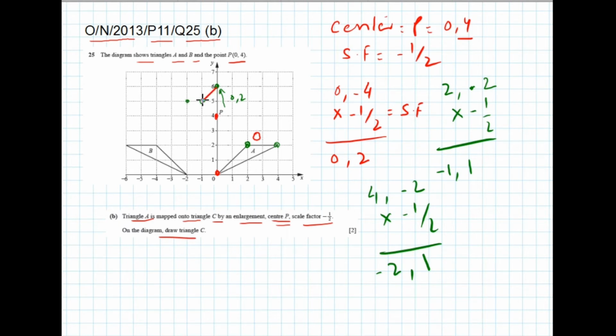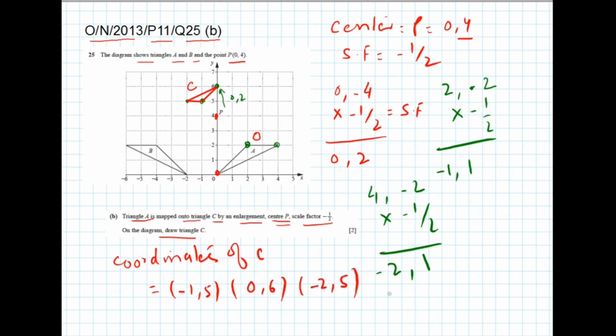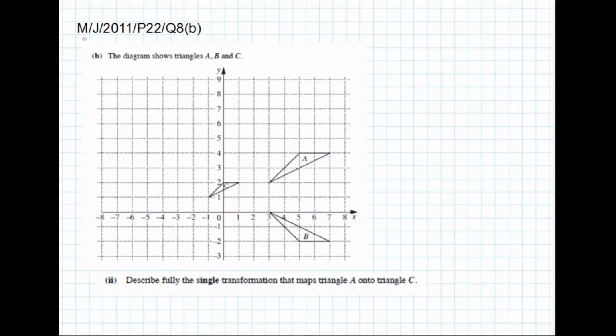Now joining the 3 points we get the triangle C as shown. Therefore, the coordinates of C from origin are -1, 5, 0, 6 and -2, 5. This is our answer.